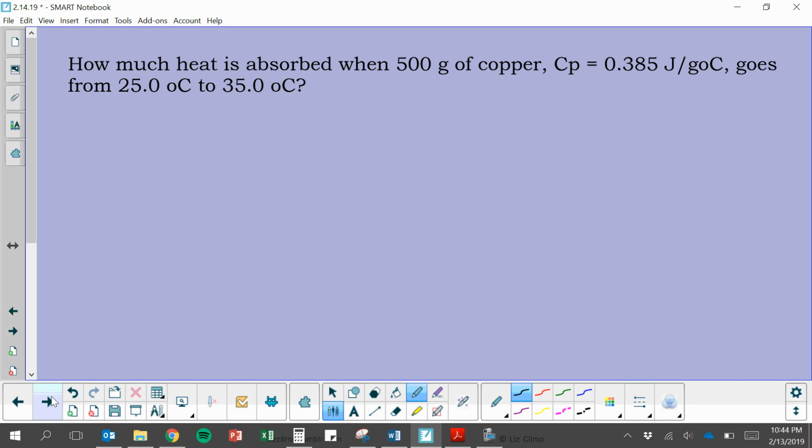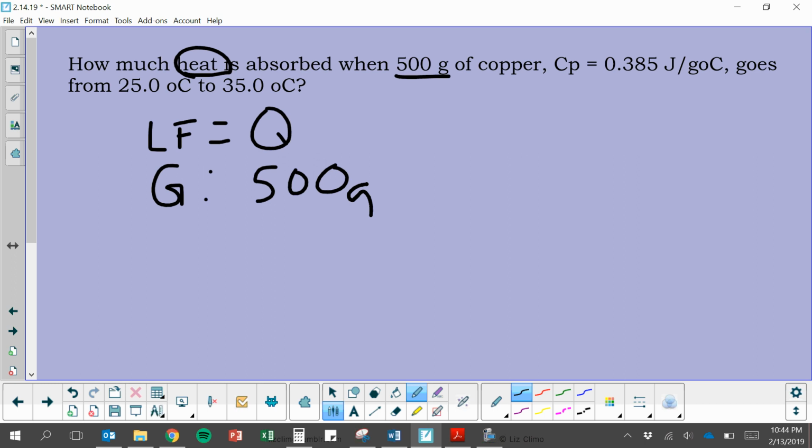Okay, so how we are going to answer this, it's very similar to the last question. So we have our looking for. In this case, we're looking for how much heat, again, is going to be Q. Our given, we have a couple different numbers. 500 grams is our mass.